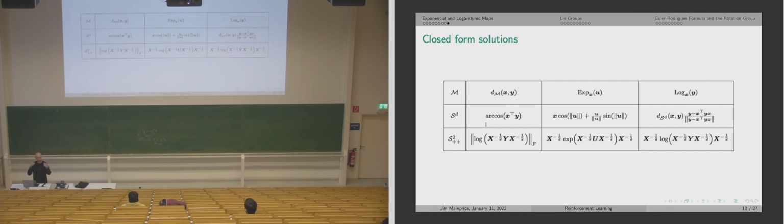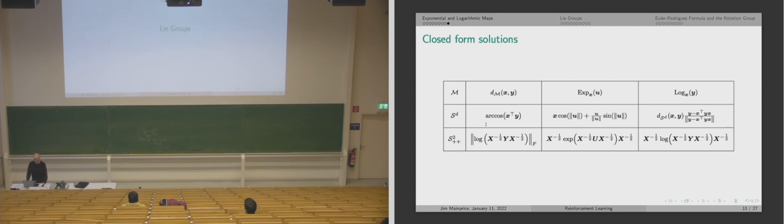You have to reason on this idea of the tangent space and then map things back to the manifold using the exponential map. There's also a concept that I did not introduce, which is the parallel transport, things like that. So if you are doing computation on a manifold, you might want to integrate these kinds of closed form solutions in your algorithms at some point.